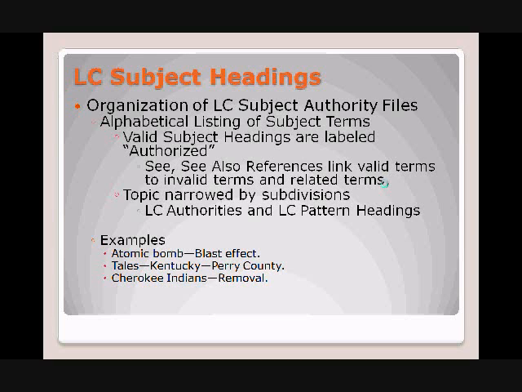And the valid subject headings are labeled as authorized, and then the references enable you to see what the subject headings are often linked to if one subject heading term is used for other terms, and then also to look at valid terms and invalid terms, wider terms and narrower terms.